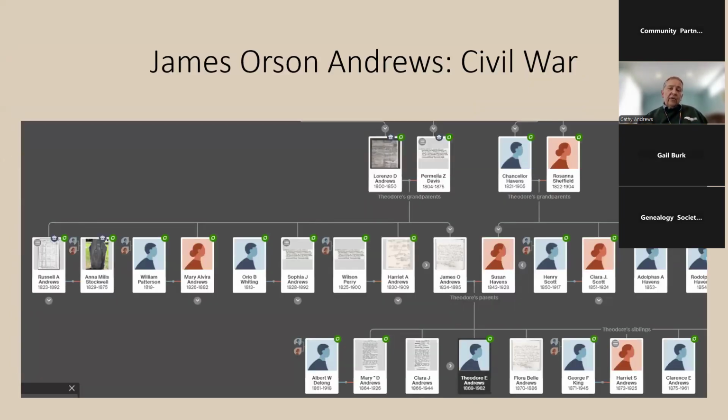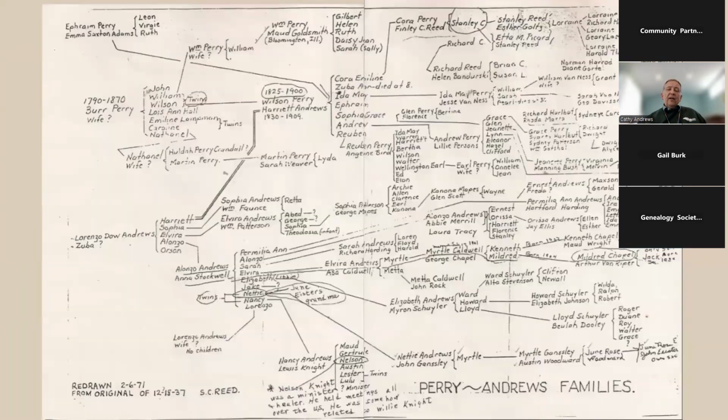James Orson Andrews served in the Civil War. I didn't really know about James Orson until I knew back to my two times great grandfather, listed here as Alonzo. His name was Russell Alonzo Andrews, but he almost always went by Alonzo, including on some of his legal documents.